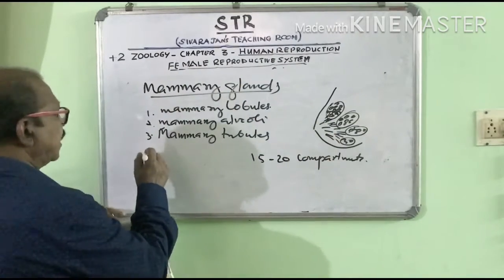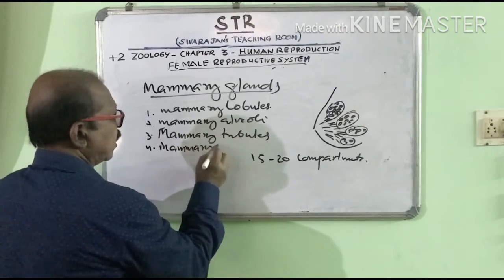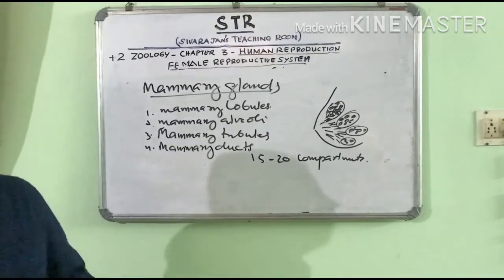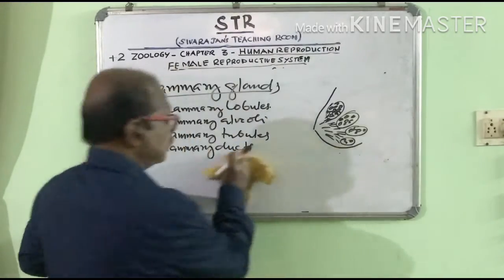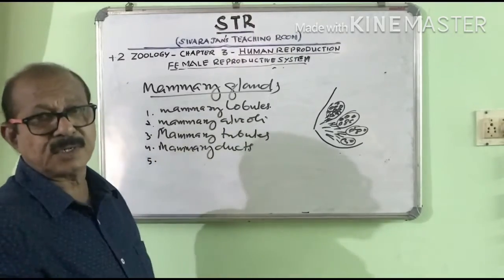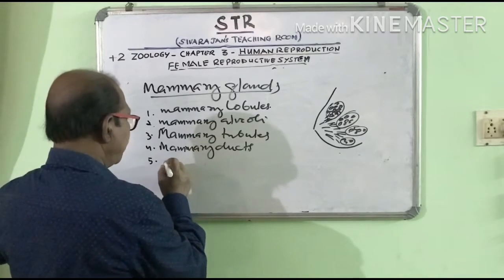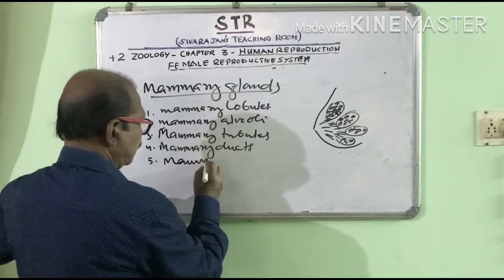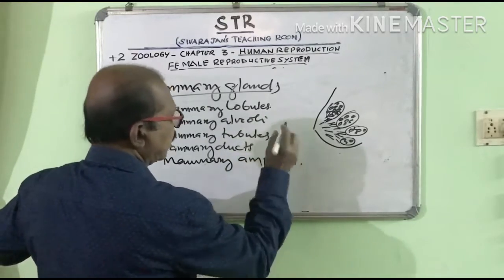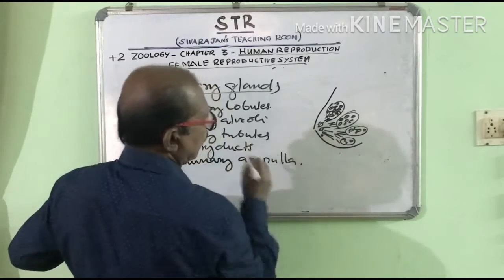They are the mammary ducts. Many mammary ducts join together and become a swollen part called mammary ampulla. So these are the mammary ampulla.